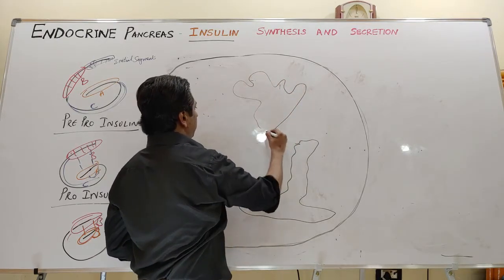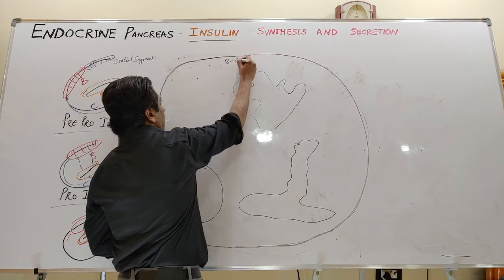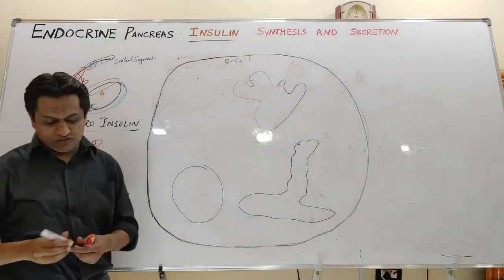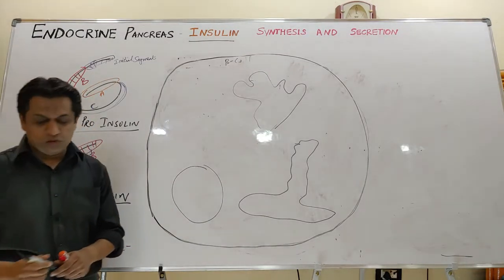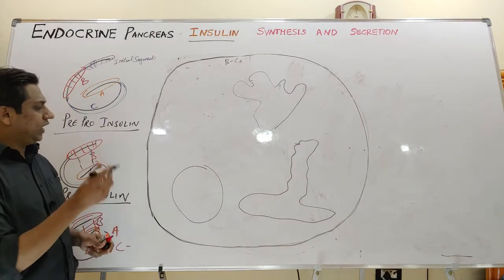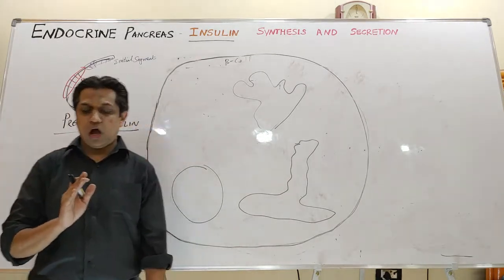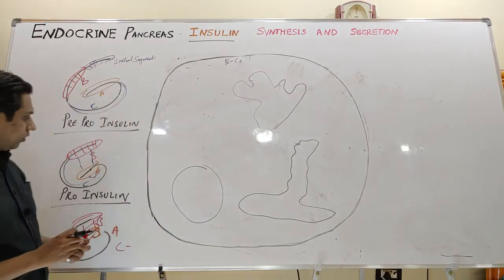So what is the function of the beta cells of the islets of Langerhans? They secrete a very important hormone known as insulin. So this beta cell will ultimately secrete this polypeptide insulin. How it will secrete that, we are going to discuss now.